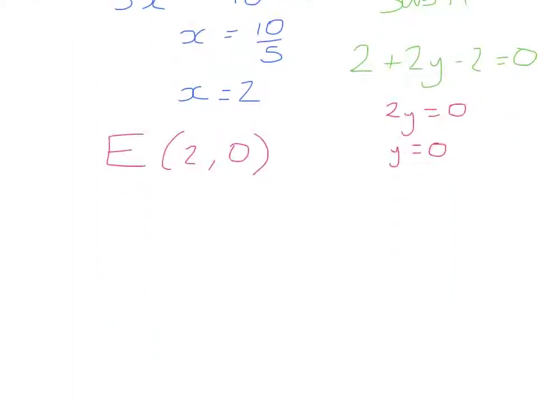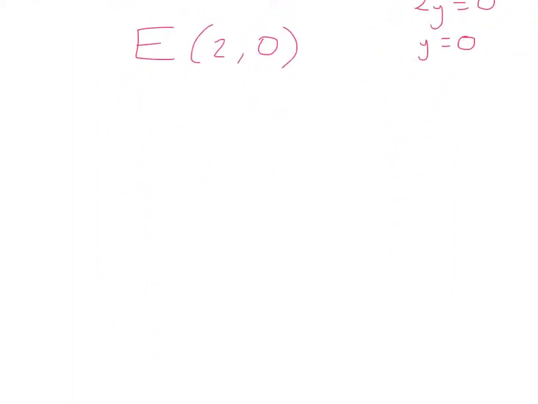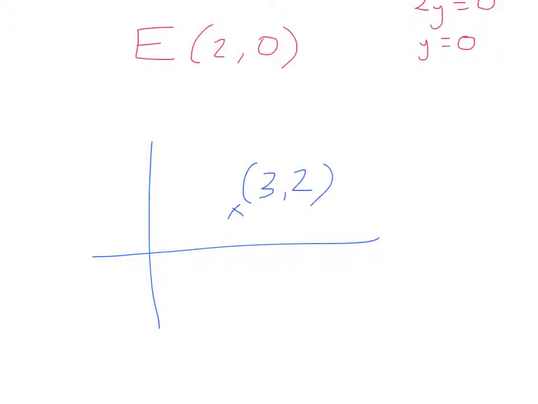Finally, you're asked to find the length of AE. If you want to think of your coordinates for A, we had that it was (3, 2), and for E we've literally just found it is (2, 0). And I'm thinking of Pythag here. I've got my right angle triangle there, very small drawing here.